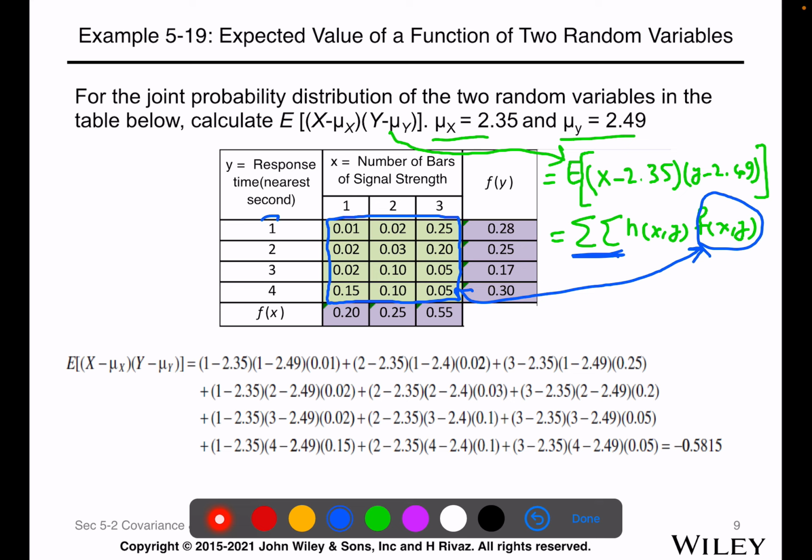So for x equal to 1 and y equal to 1, it's (1 minus 2.35) times (1 minus 2.49) times the probability, 0.001. We have to repeat this for all of the 12 numbers in this table, and at the end, we get minus 0.5.